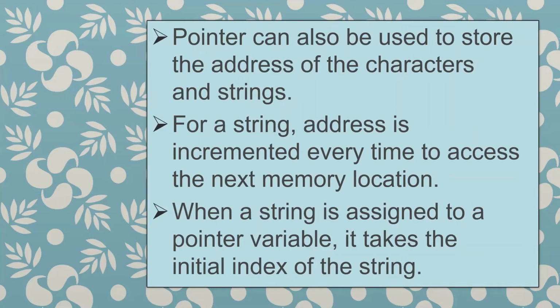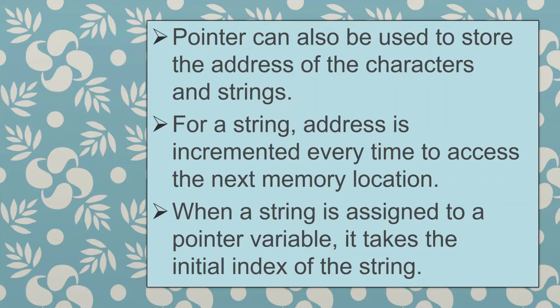Means for a string, a stretch of characters, if we take apple, first it will take the address of the first index, A, and then we have to change the memory location to take the next element p. Likewise we have to do to take the address and then print the memory location.